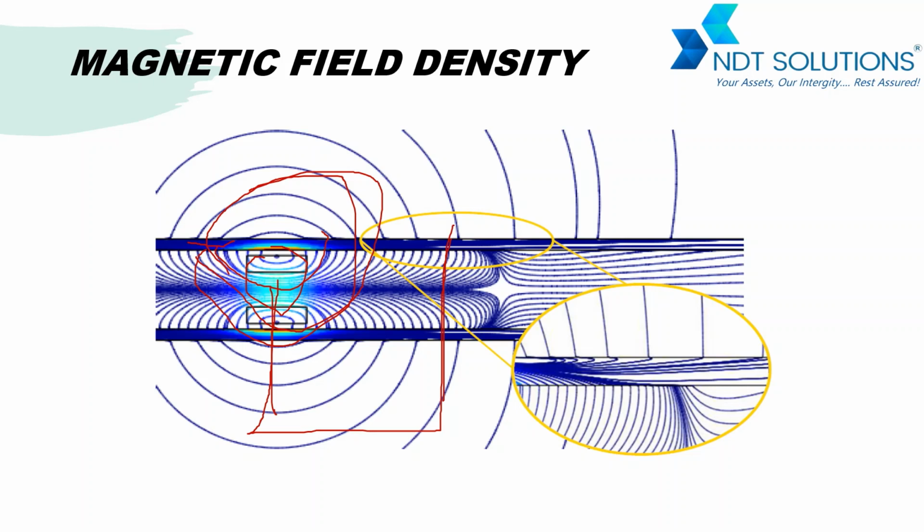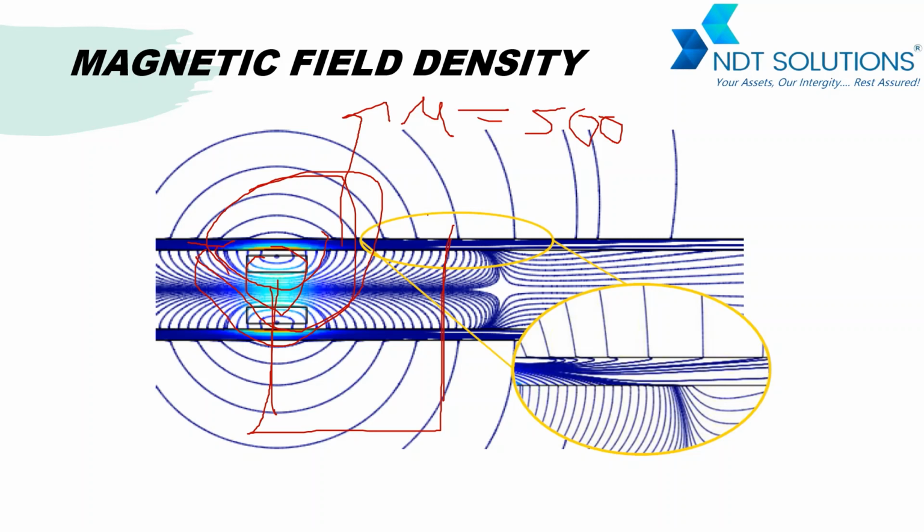The secondary magnetic field is also too high because of the high permeability of the carbon steel. It is more than 500, and it varies from time to time or place to place.